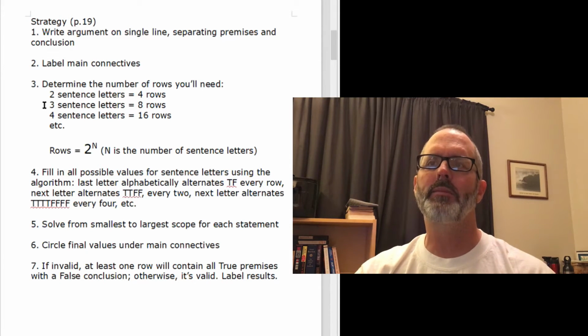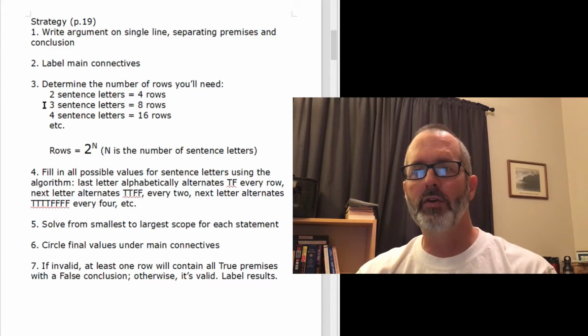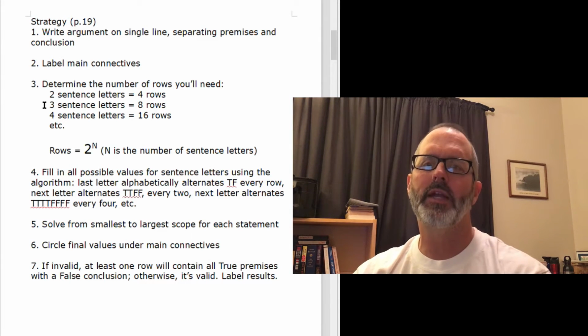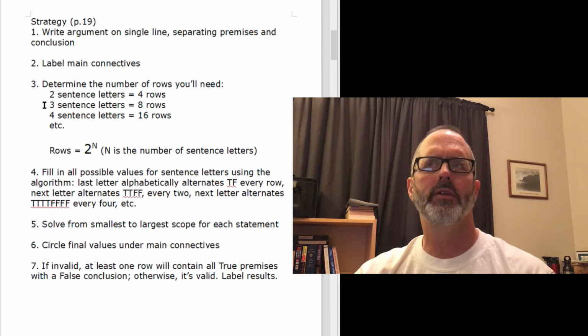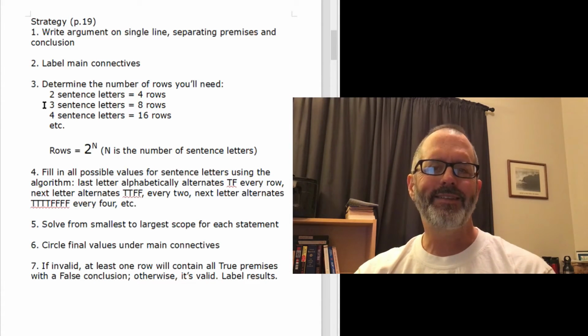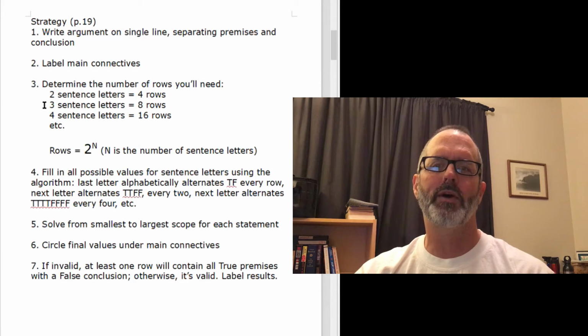Now step 3. Let me look at step 3 for a bit and explain it. If you don't remember, go back and look at the beginning of the SL truth value video, where I went through this algorithm of how to fill in a truth table. Notice, how many sentences you have in your argument will determine how many different truth possibilities there are, and as you saw, those increase exponentially.